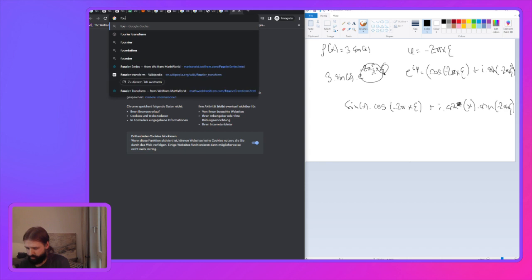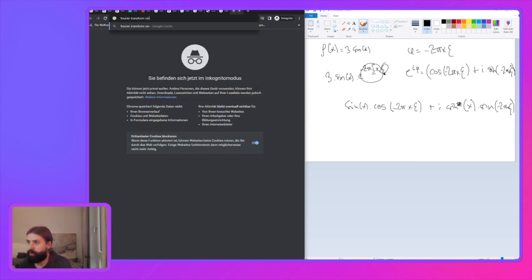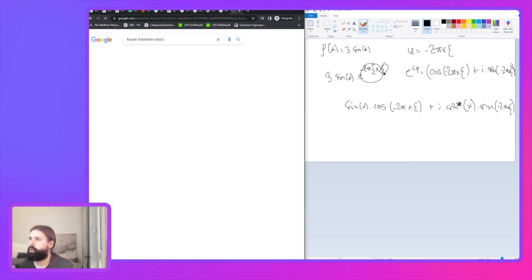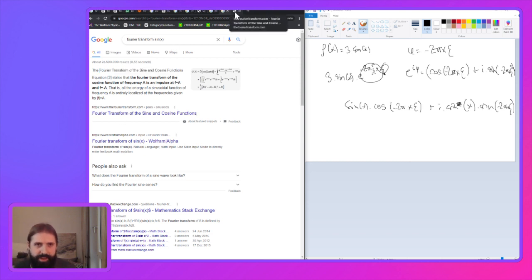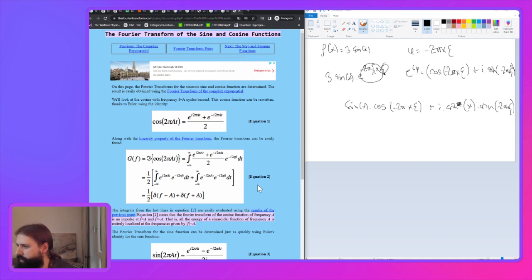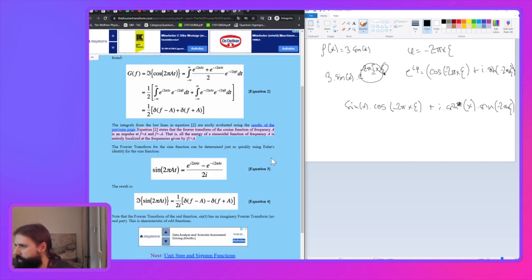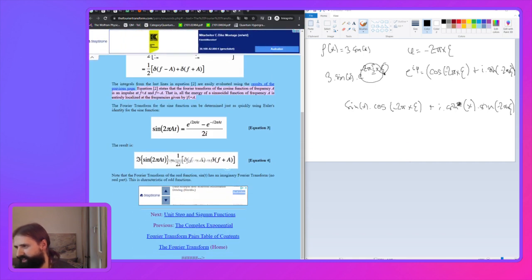Fourier. Maybe that's just not that obvious. The Fourier transform of the sine and cosine functions. Maybe I'm just taking an example that I think is simple and it's actually not simple. This is definitely not simple.